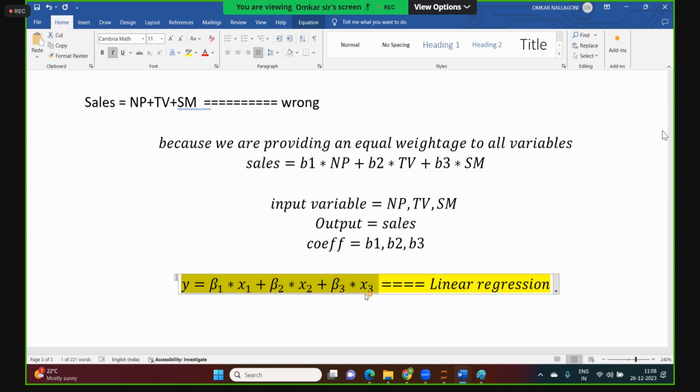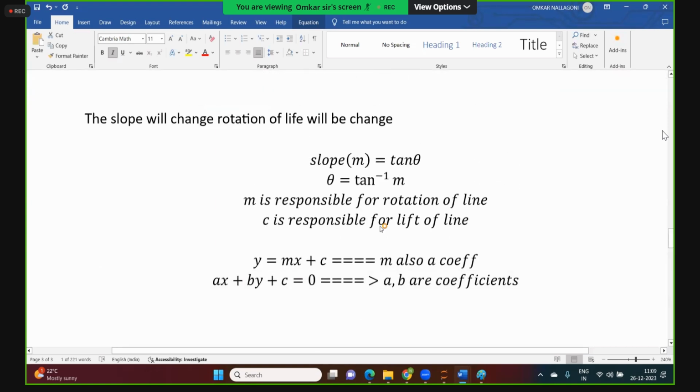If you have provided good coefficients, then you will get a good answer. Good equation means good coefficients. Good coefficients mean a good line. Coefficients are responsible for line shift and rotation of the line.